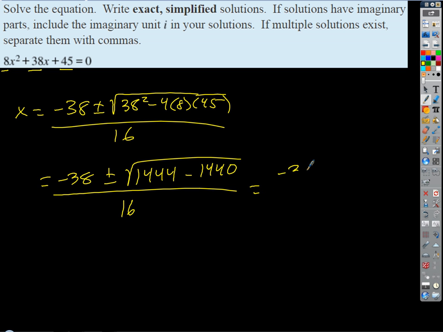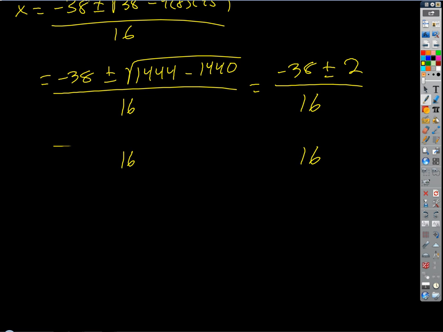So that's negative 38 plus or minus, what's that going to be in there? 2. Yeah. So we end up with two answers. If we take the plus sign, we get x equals negative 36 over 16, which we could reduce to, what's that going to be?